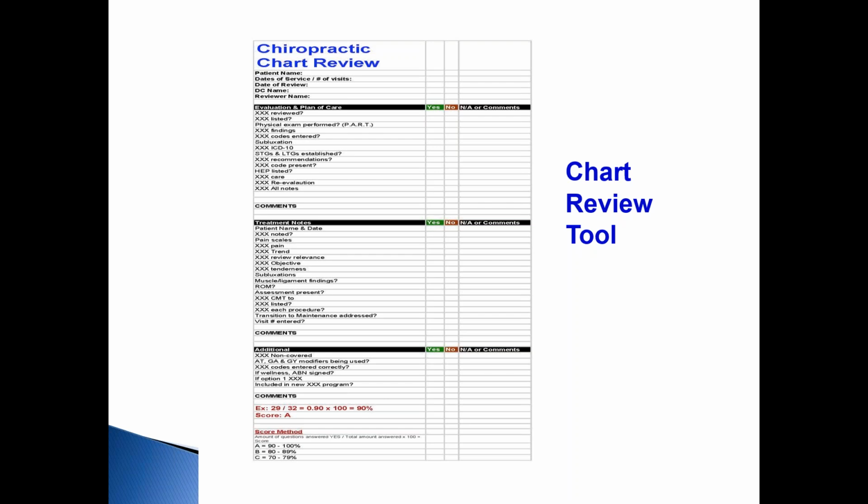Out of 32 questions, 29 were answered yes, 3 were answered no, and a bunch were not applicable. So the way you score it is 29 divided by 32 equals 0.90 times 100 is a 90%, or an A. That's what this review was. You see at the bottom of the screen, it shows you the sample scoring method.